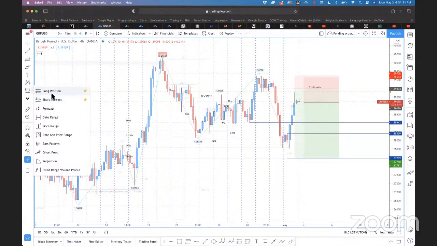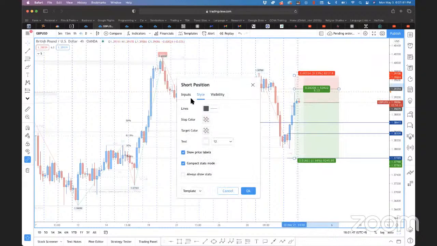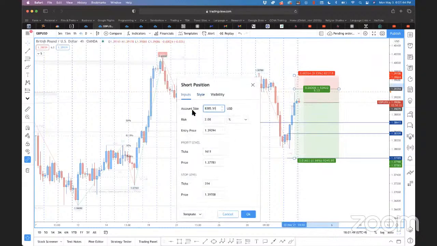If I'm looking for a buy, I'm going to use the long position. I put my entry wherever I'm going to enter, my stop loss, where I'm looking to take the sell from, and then I'm looking for the target. Then I click on it, once I've got everything in place, and I grab the entry and the stop loss.